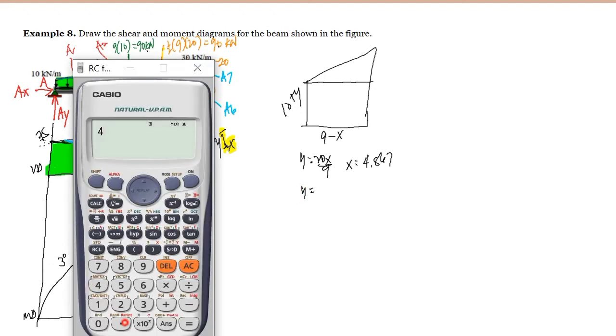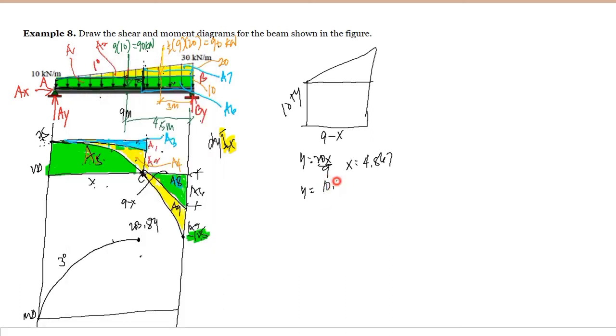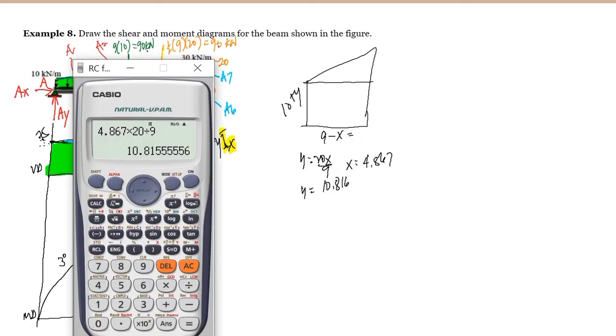If y is 20x over 9, and x is 4.867, so we have 4.867 times 20 over 9. We have here 10.816. So, 10.816 yun yung y natin. So, si 9 minus x, we have 9 minus 4.867. This is equal to 4.133.